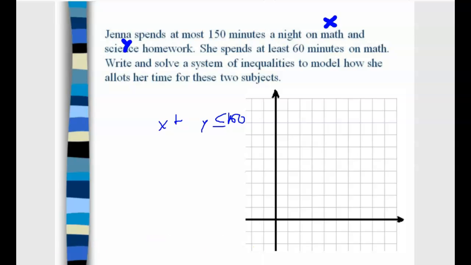So X plus Y has to be less than. So on your graph, go by 30s and plot your X and Y intercepts. 30, 60, 90, 120, 150.